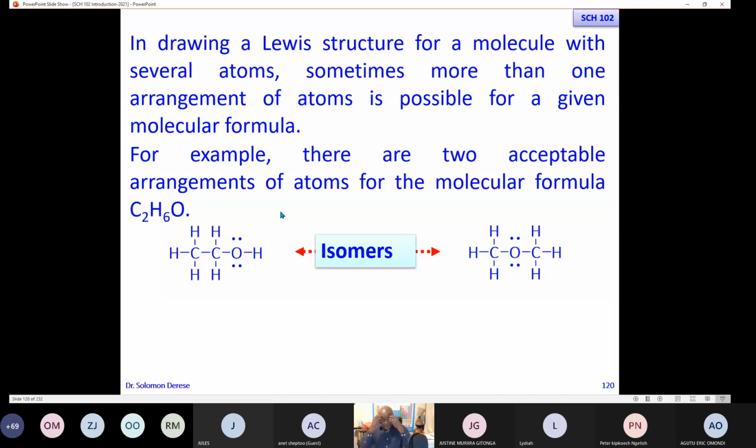Okay? So when the number of carbons and hydrogens increase, you remember even in high school, you learned that the molecular formula for glucose is C6H12O6, okay? These are called hexoses. I don't know, did you study about carbohydrates in biology or in biochemistry?